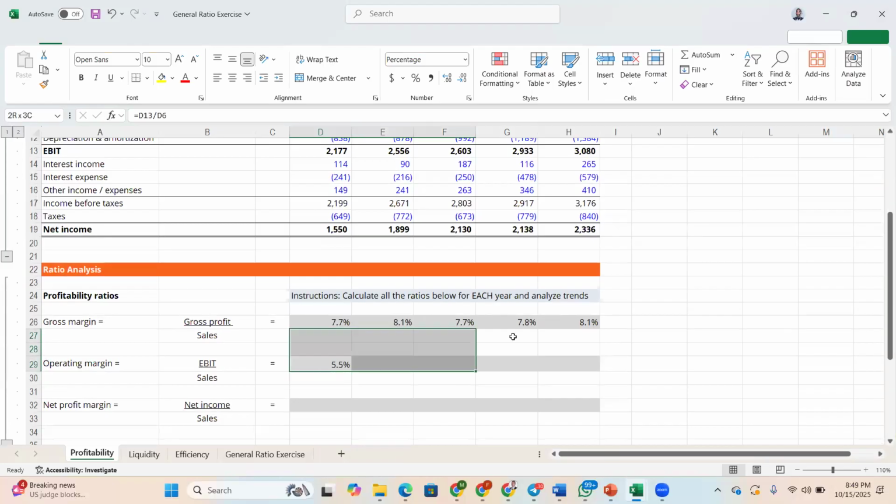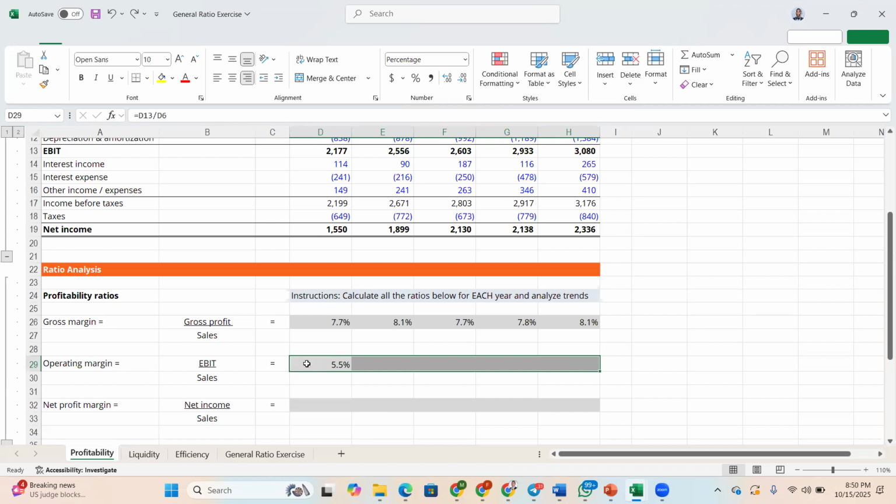Now, another way is to use another formula to copy and paste. Just highlight everything you want to copy. You can only do this if everything is on the same line and there is no demarcation in between.